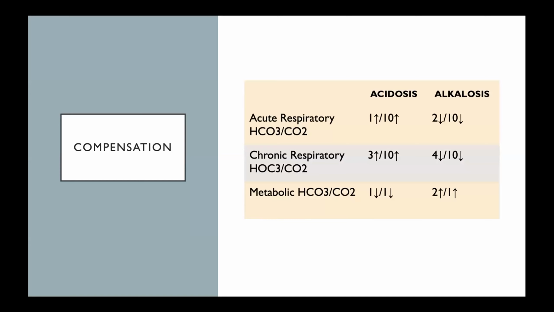In respiratory, generally, an increment of 10 in carbon dioxide will increase only one bicarbonate, right? That is the compensation that occurs in acute. The bicarbonate will take time, so that's the reason it will only increase by one.